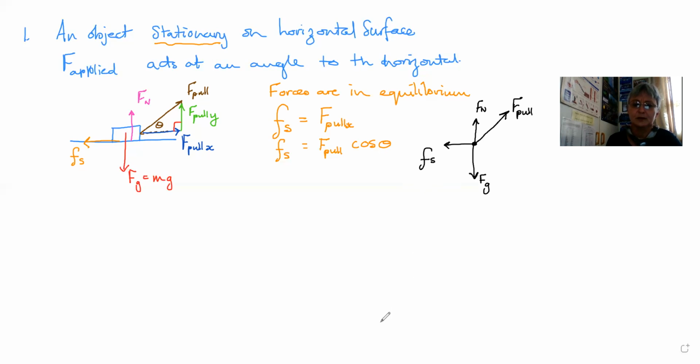In the second scenario, the object is about to move. In that case, the friction is Fs max. Right, let's draw the scenario.